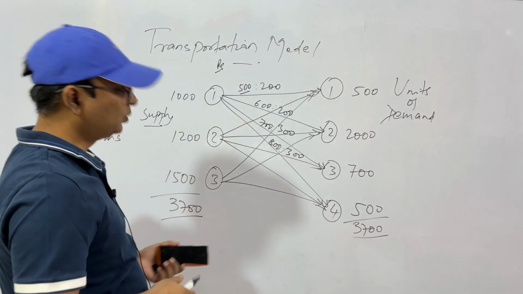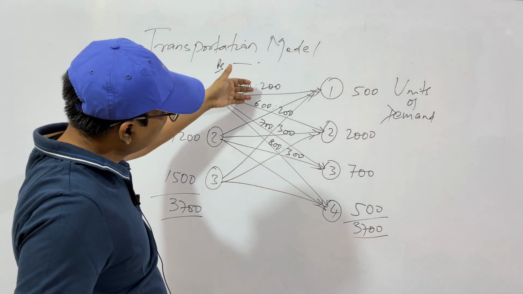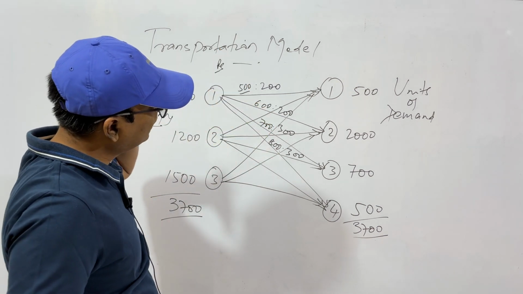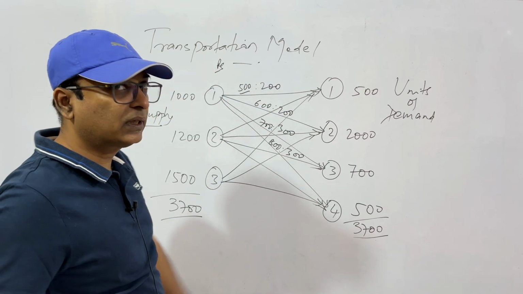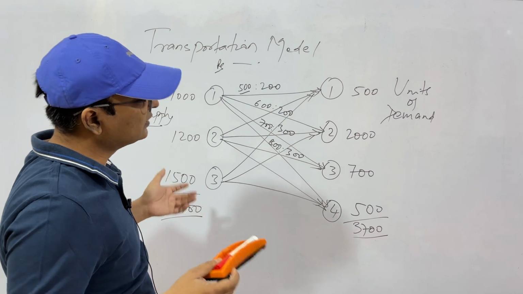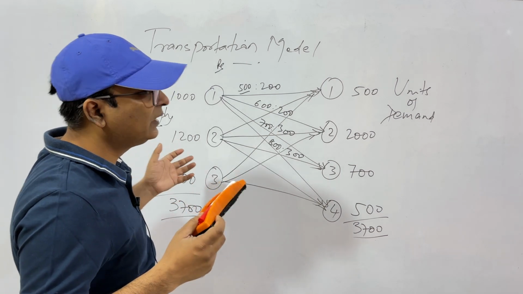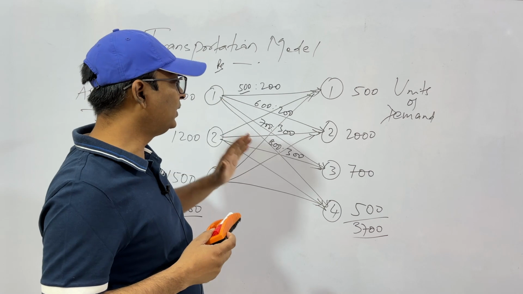So this is the issue. Now when you see this, you can understand that when transportation costs are different, there can be a way in which the total cost of transportation will be minimum. So there will be several constraints. So how to find that point or those particular values.